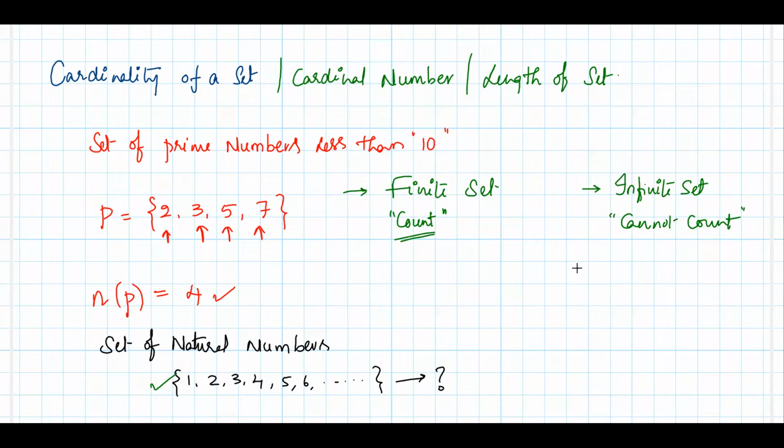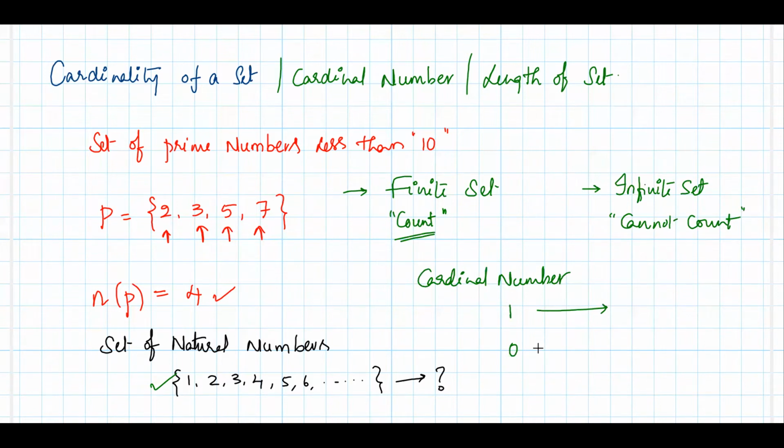All right. And there are 2 more sets that I want to highlight here. A set having only 1 element, so the cardinal number is 1. And if the cardinal number is 0, which means having no elements, how would that set look?